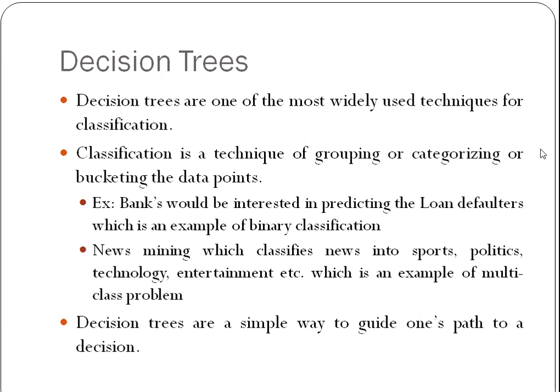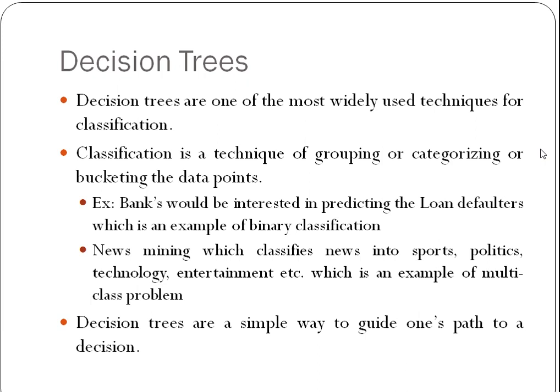Another example could be, based on certain parameters like BP and some of the blood test parameters, we can identify whether a person potentially will have diabetes or not. These are called binary classification. Either it can be binary classification or it can be a multi-class problem.